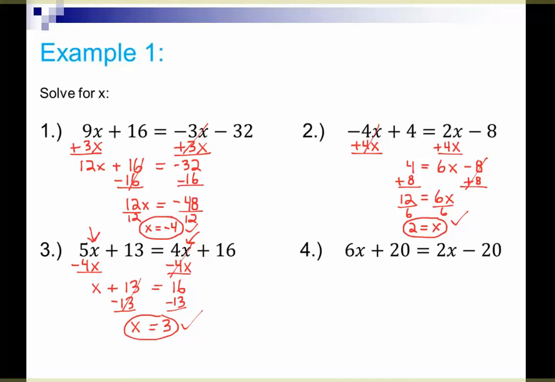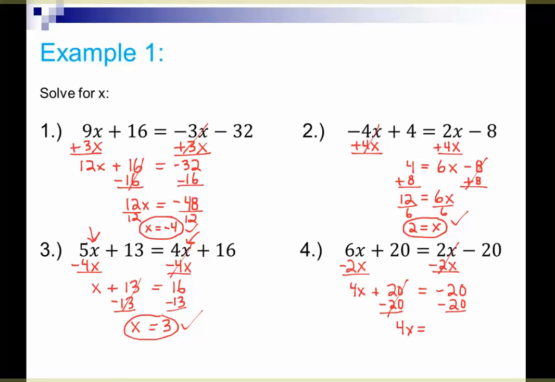Subtract 6x or subtract 2x. I'm going to subtract 2x. And when we do that, we get 4x plus 20 equals negative 20. Now take out the loner. So subtract 20 on both sides. Be very careful. This is testing your ability to recognize what kind of subtraction you have going on here.